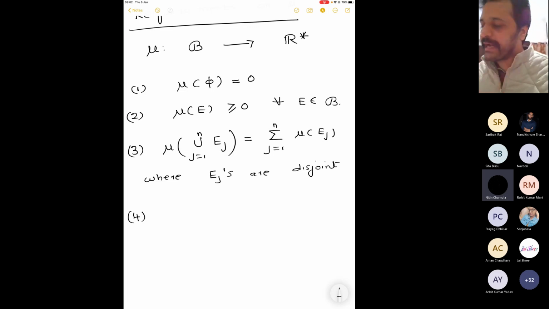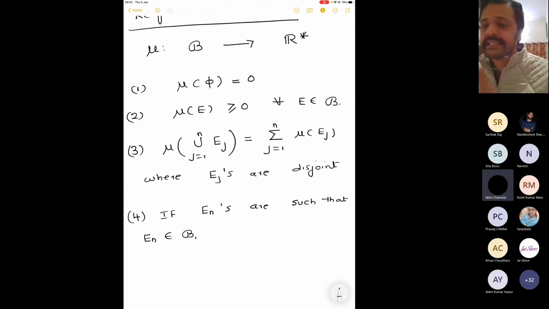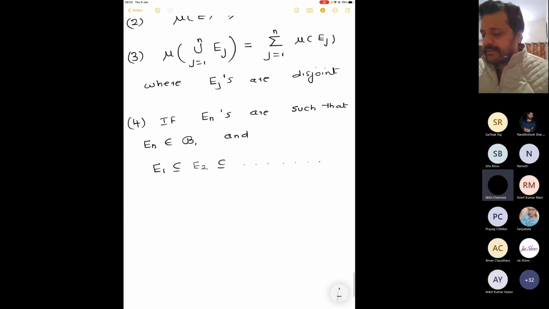So what it translates to: if En's are in B, that means each one is measurable, it is a standard object, and E1 is contained in E2 is contained in etc. Then we expect mu to satisfy this.